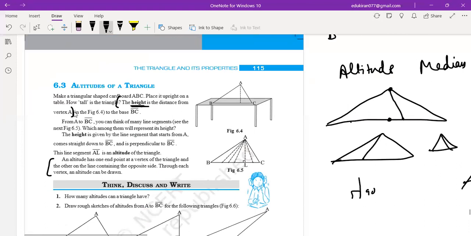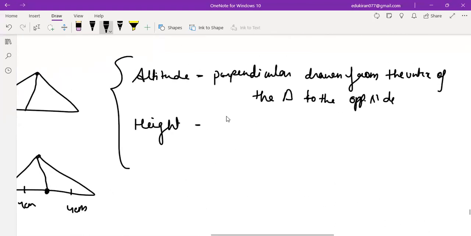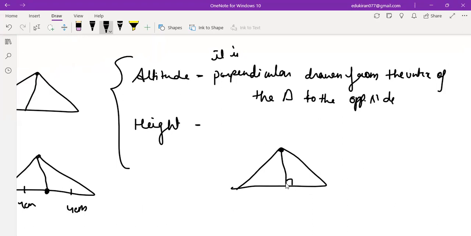The height is the distance from the vertex A. For altitude, you will write it is a perpendicular drawn from the vertex of a triangle to the opposite side. So it is from here. So this is a perpendicular. Just note it down. I will make you understand the difference between altitude and height.